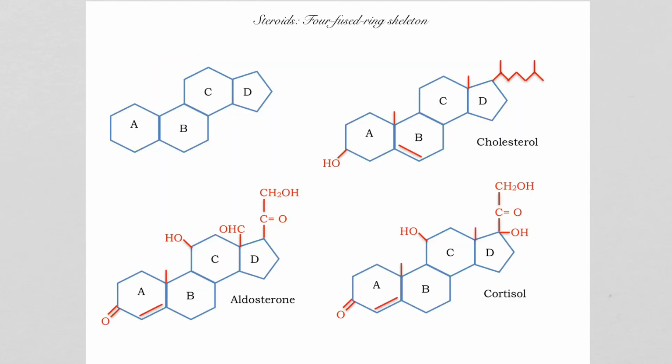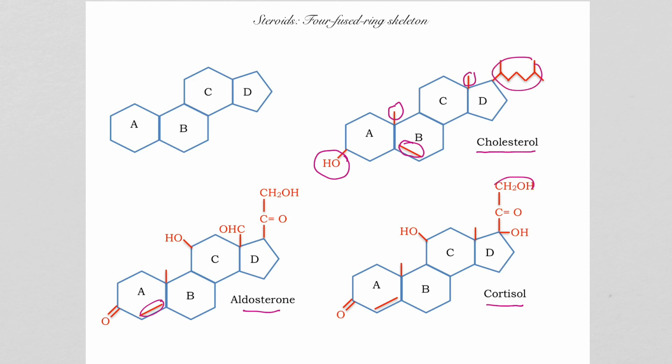If you look at the structure of these different steroids, you can see that the differences between one steroid and another are either in the ring, for example, where the double bond is placed, or differences in the substituents on the rings.